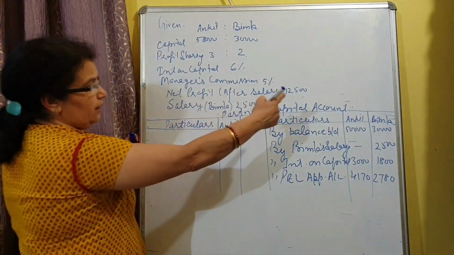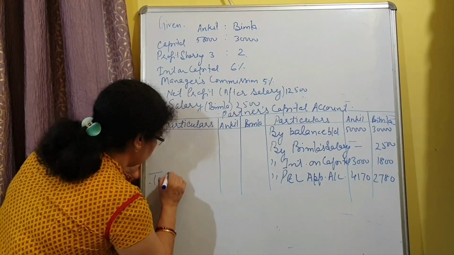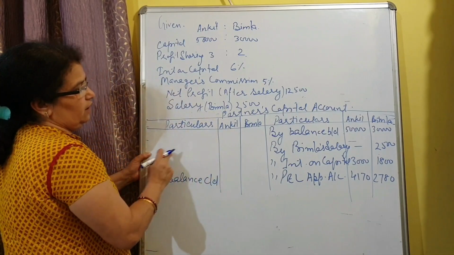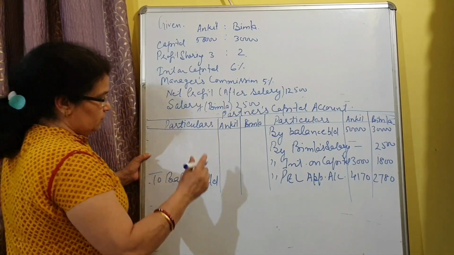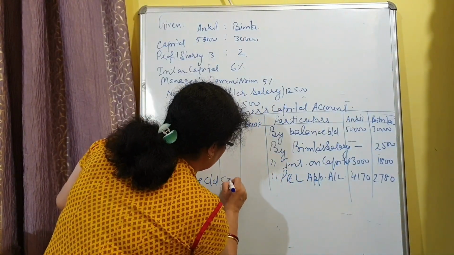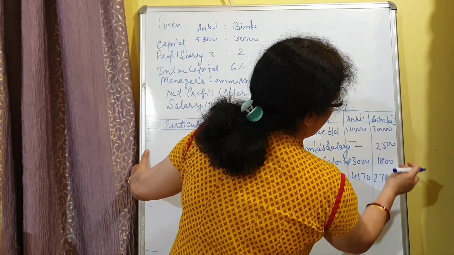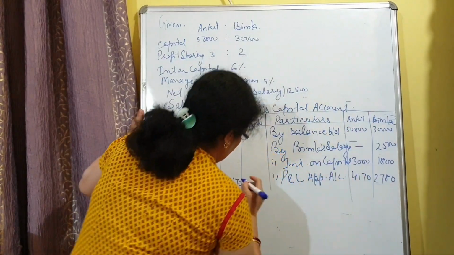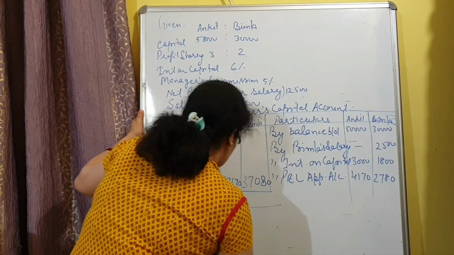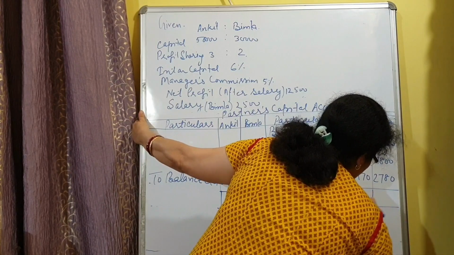After this, we have to make the total of this side and write the closing balance, to balance c/d, because no drawings are given. So we make the total, and this is 57,170 for Ankit. Now the total of Bimla's account is 37,080.